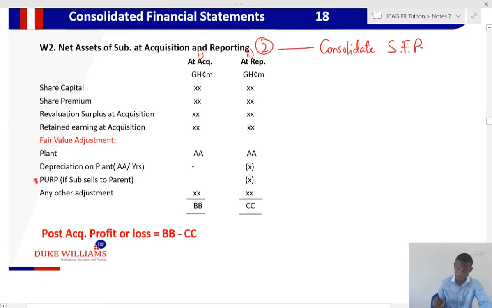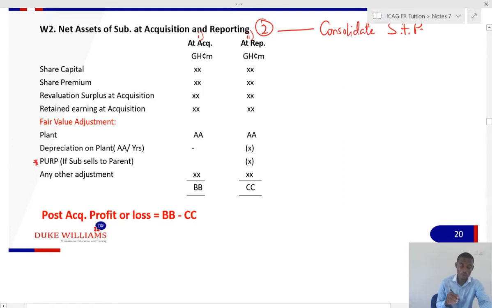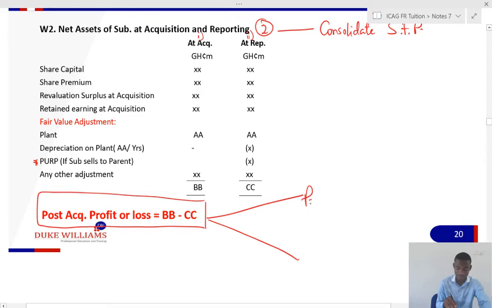Now, the reason why you also need the net asset at acquisition and at reporting is that we need to find what we call the post-acquisition profit, which will be shared between the parent and the non-controlling interest.